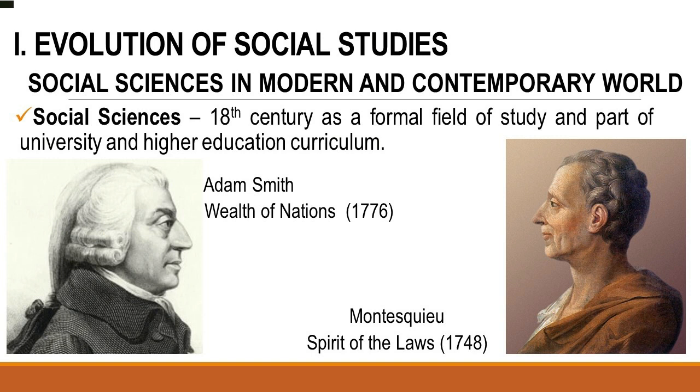We observe that until now, the works and contributions of Adam Smith are still there, the division of labor, specifically in the field of economics as one of the branches or disciplines of social studies. Likewise, the contribution of Montesquieu is all about the three branches of government, the spirit of the law.